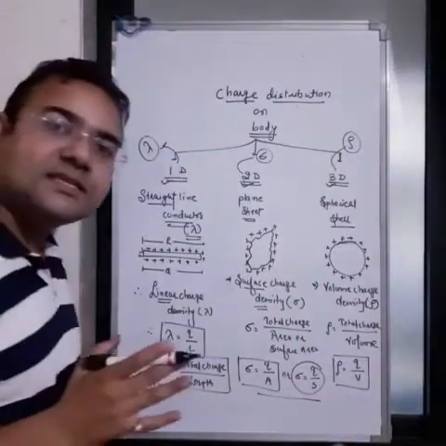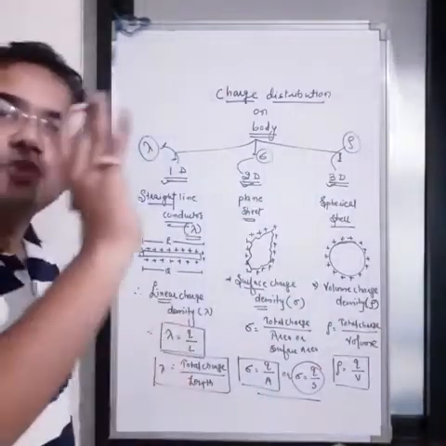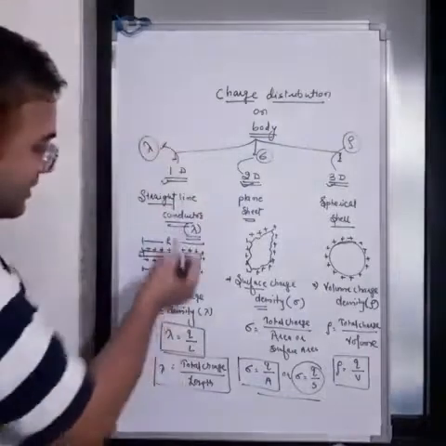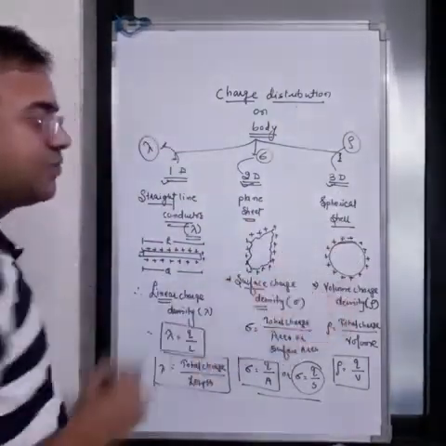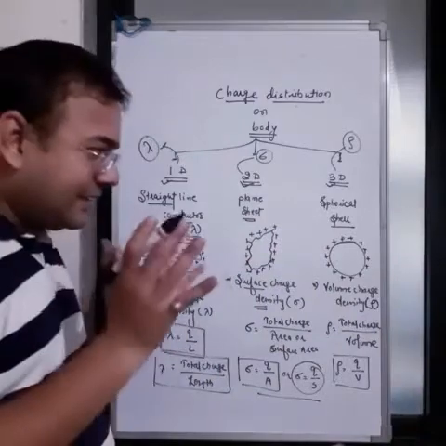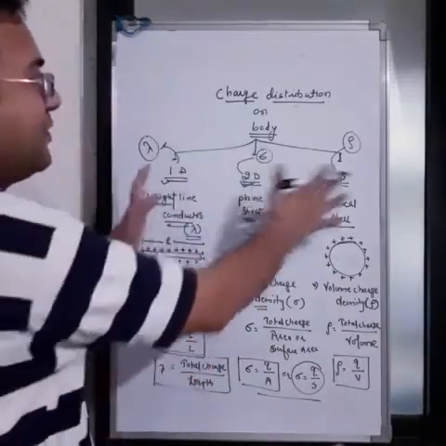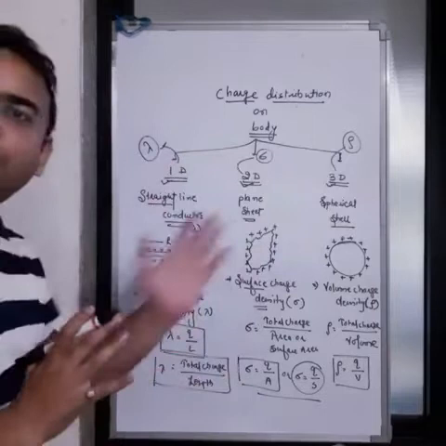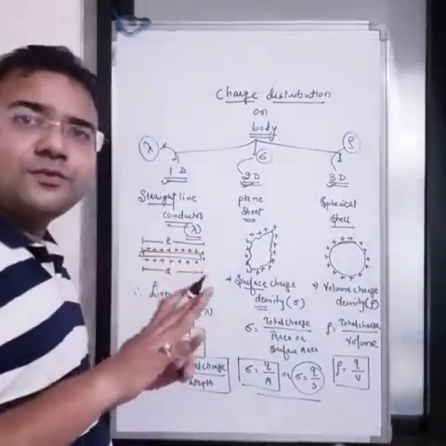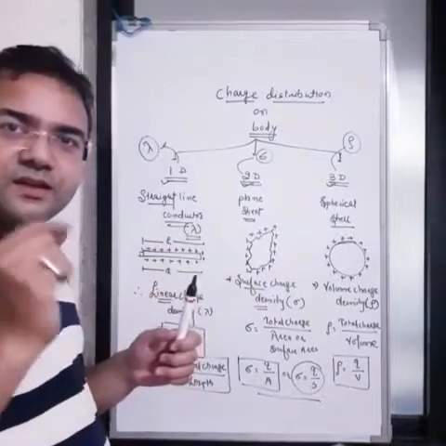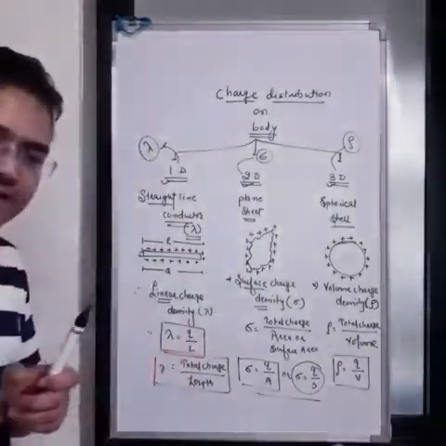And charge density is nothing but total charge upon length, total charge upon area, total charge upon volume. So it's a very compiled form of all three different objects.